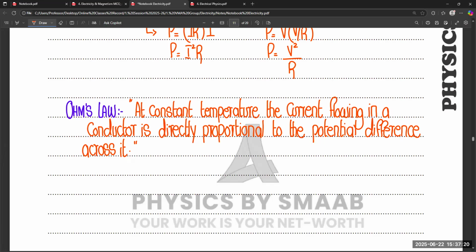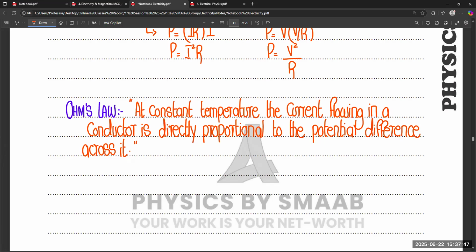But if voltage and current are not directly proportional, it means that the conductor will not follow Ohm's law. So the wires we use in our normal circuits, like silver, iron, copper, these conductors obey Ohm's law because voltage and current are directly proportional in these normal conductors.